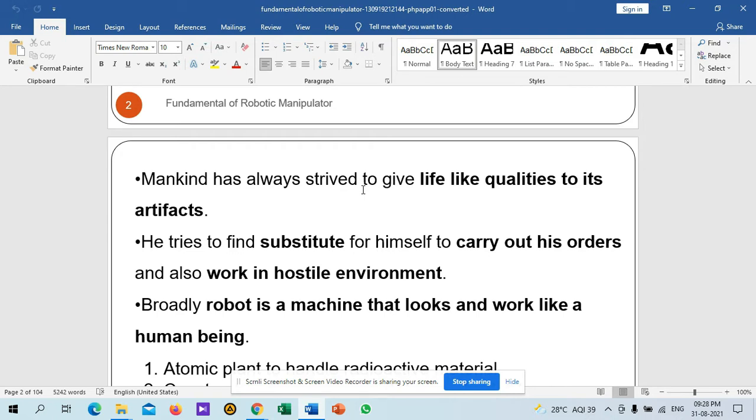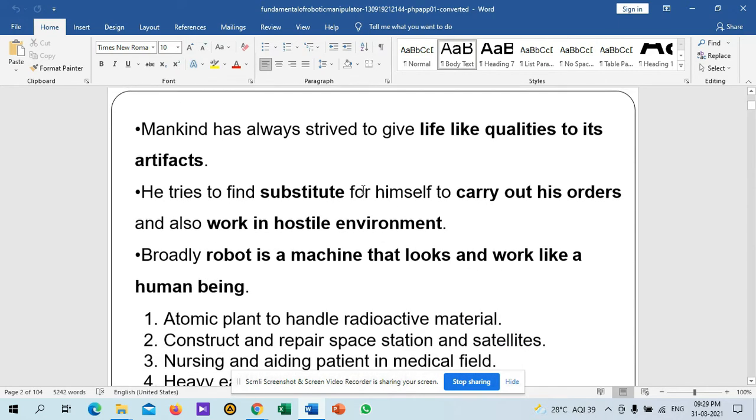These are areas where humans struggle to work. These areas do not affect machines. So we preferred robots or automated machines for doing work, right?